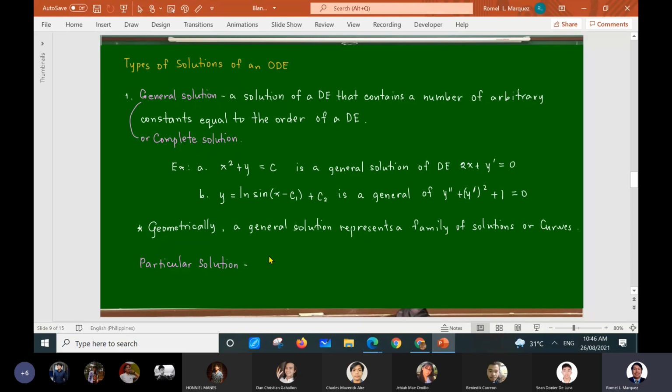It is obtainable from the general solution after assigning specific values to the arbitrary constants.